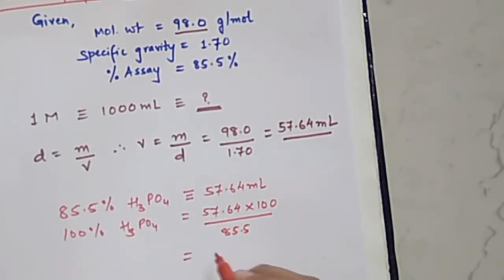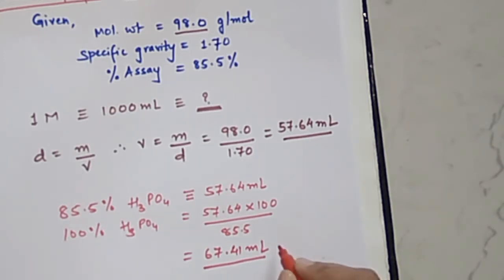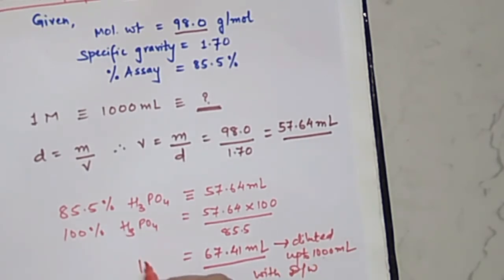That gives us 67.41 ml. So this is the volume required to prepare 1 molar 1000 ml of the solution. This 67.41 ml is to be diluted up to 1000 ml with distilled water, and so we get 1 molar phosphoric acid.